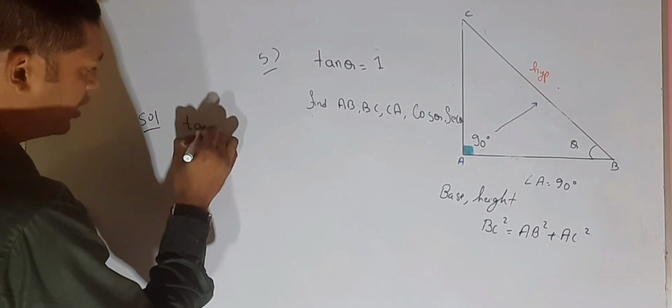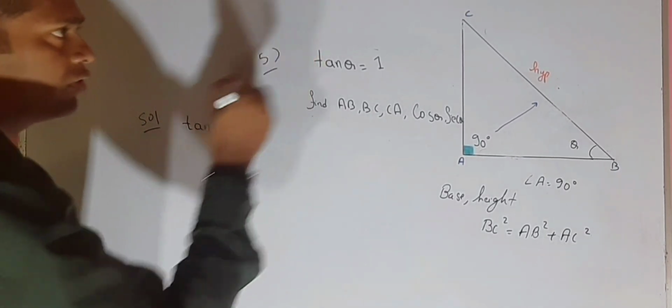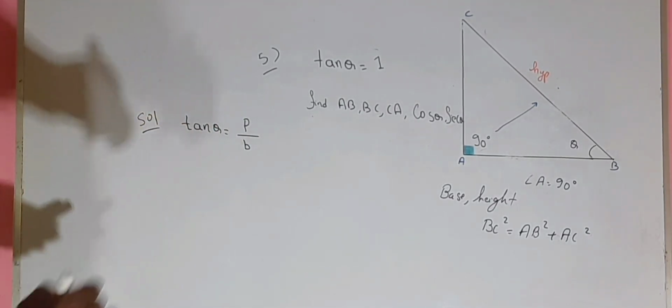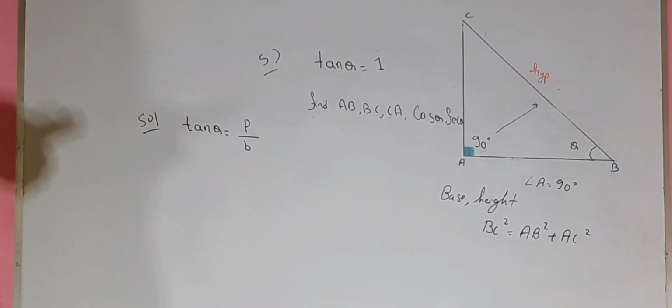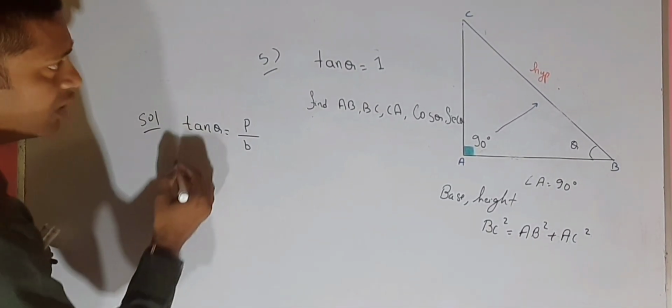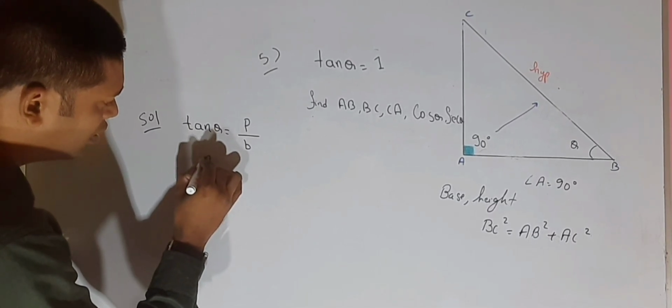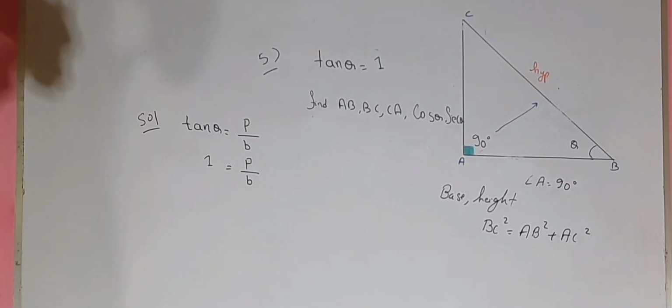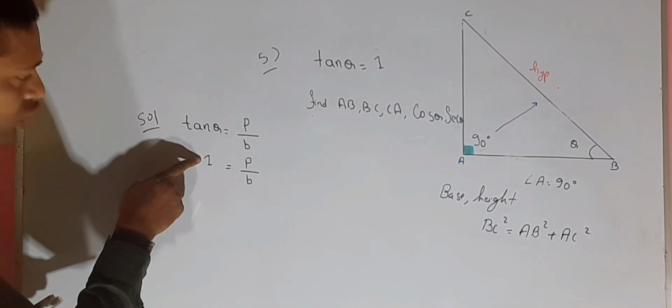We'll do. Tan theta is equal to, the formula is perpendicular by base. So tan theta, how much am I having? 1, equal to perpendicular by base. Sir, is there any mistake in the question? Because we have only numerator, no denominator.